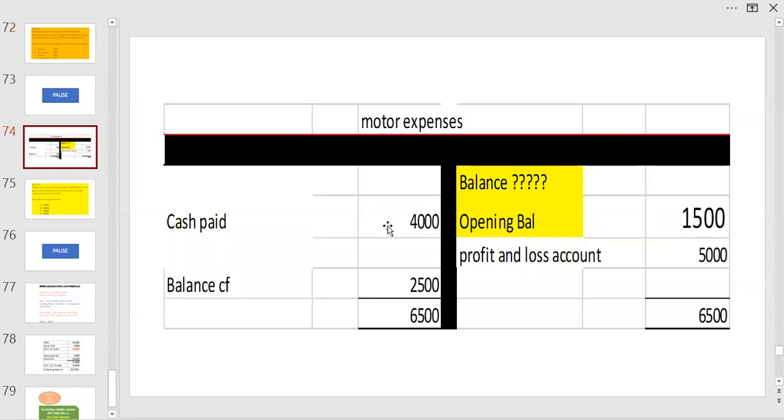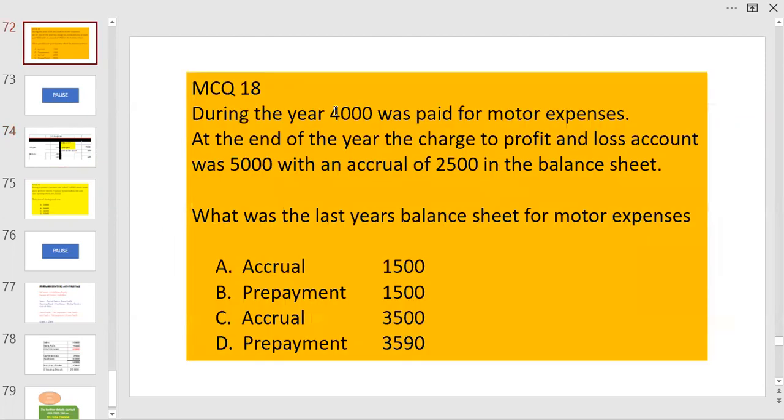Then they say that there is a profit and loss account charge of 5,000. That is P&L debit, motor expenses account credit. Then also they say there is an outstanding of 2,500, which is given here.